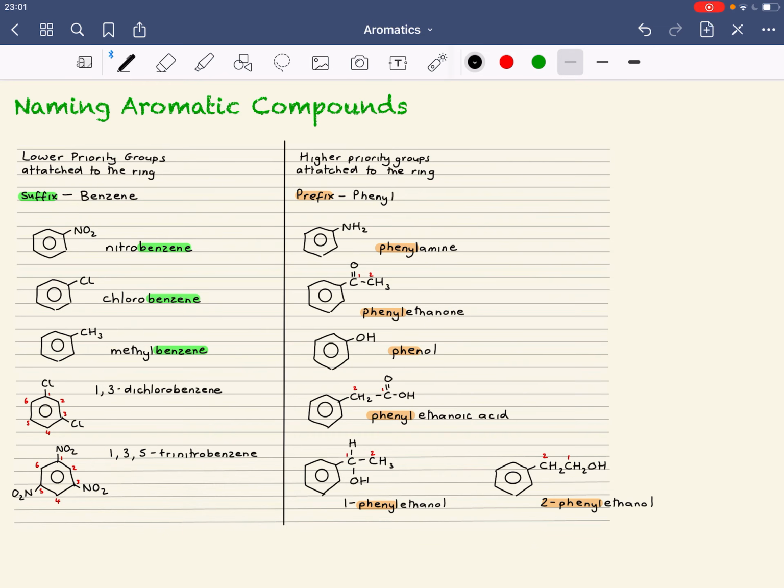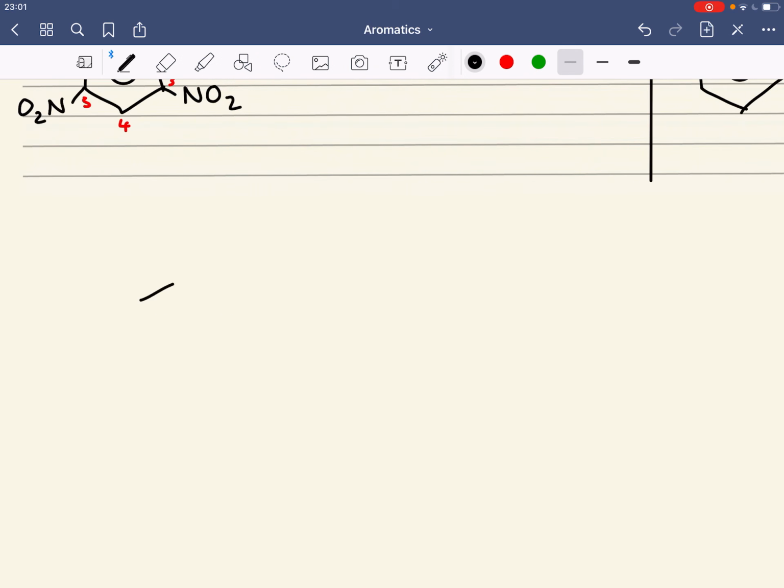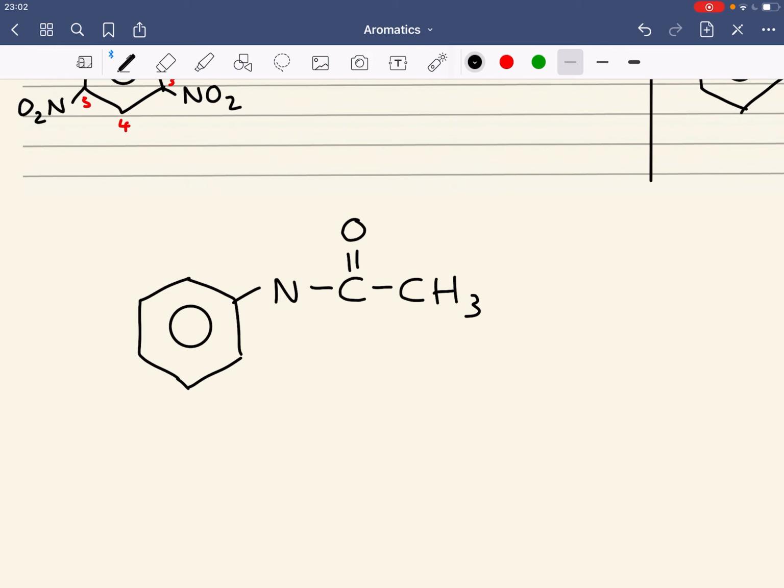I will actually just give you one more, which does crop up quite a lot, and it's this molecule here, and it's one that people do find difficult. If we were to ask to name this molecule, because we've got this NCO group, this is now an amide.